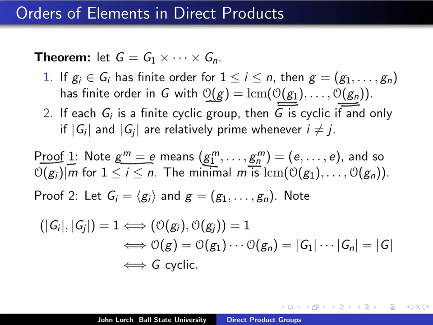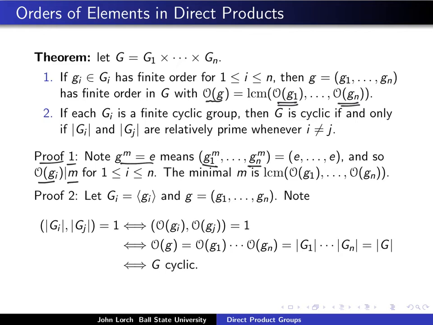And then you will remember from section 4 that means that the order of each little component element must divide m. Another way to say that is that m is a multiple of each of those orders.